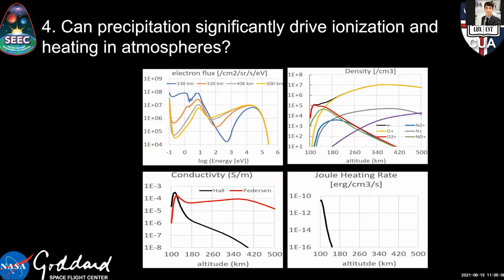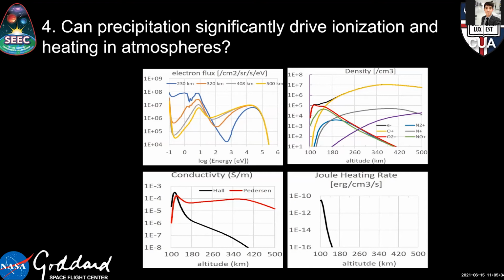So here we show the result. In every plot, altitude is on the x-axis. On the upper left, we have the electron energy spectrum at different altitudes. In this simulation, precipitation is assumed to be Maxwellian, with the mean energy and energy flux that I showed in the previous slide.